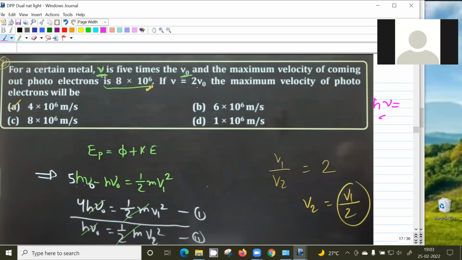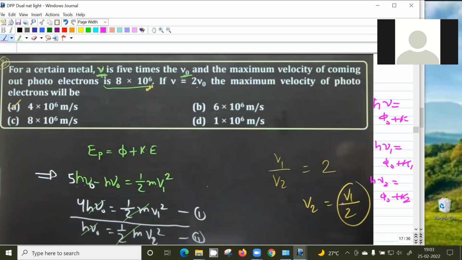So h nu equal to phi naught plus k max, no? So basically there are two cases. h nu 1 equal to phi naught plus k1 and h nu 2 equal to phi naught plus k2.